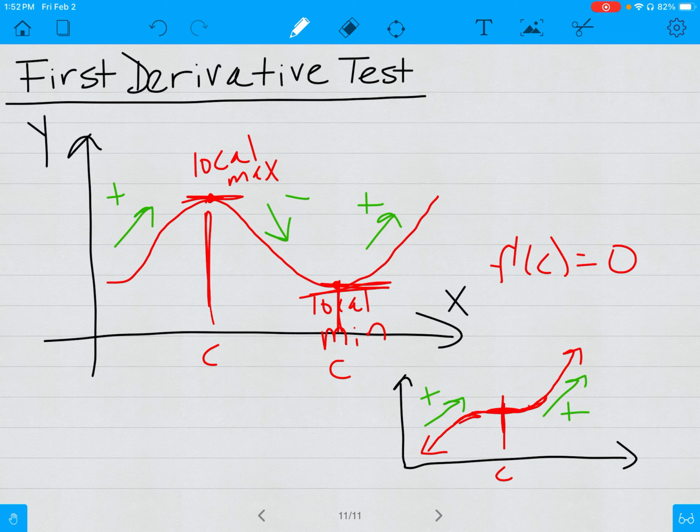So let us take a look at an example, okay?